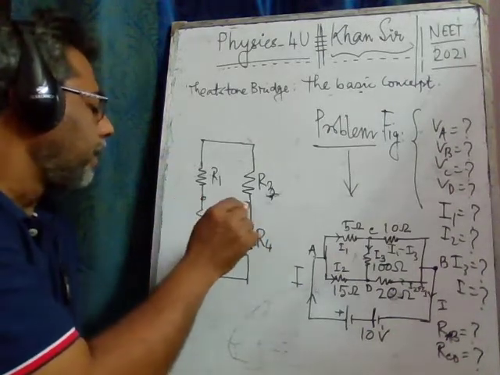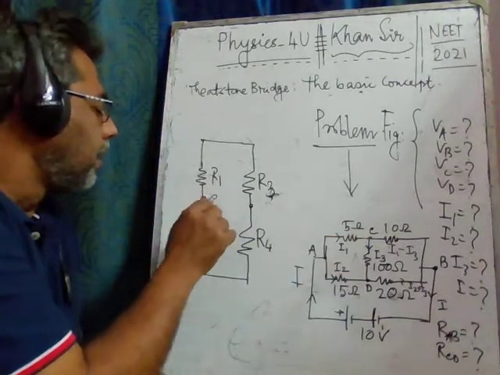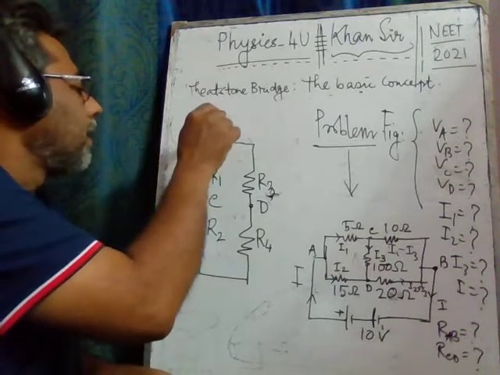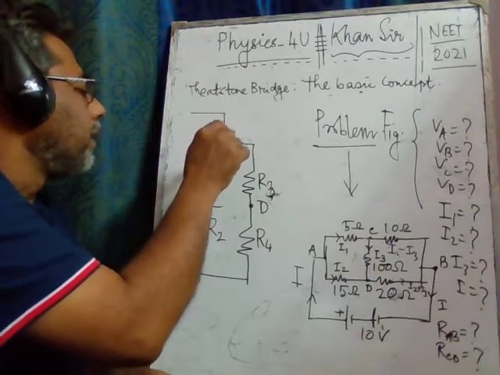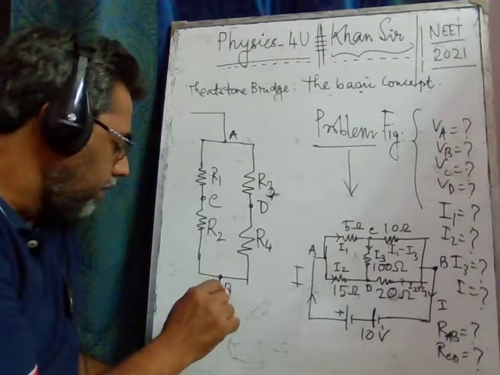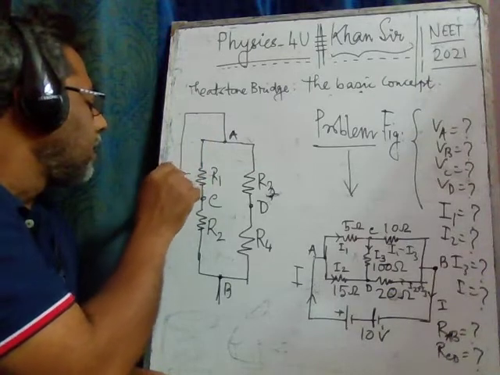This point is C, and this point is D. The battery is connected between this point A and the bottom point B. And the battery is connected here.